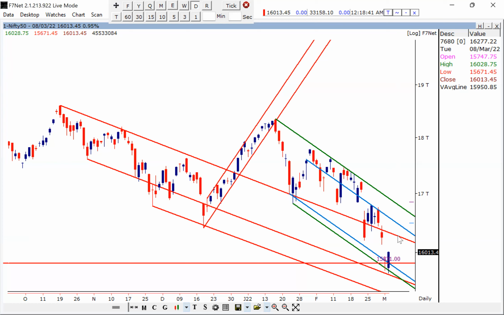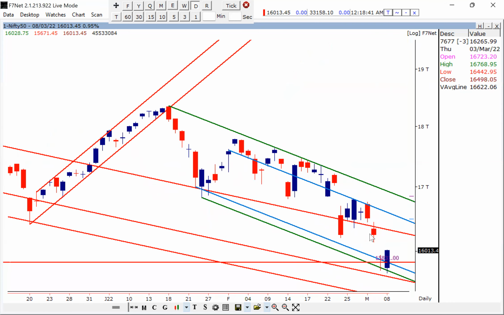Most likely, we may not be going and testing all the way till the green upper end of this channel. We will probably have the next round of selling coming by the inner channel resistance line, somewhere around 16,600. This is where we most likely will be ending up, at 16,400 to 16,500, the minor support, where we are looking for the next top to be formed.